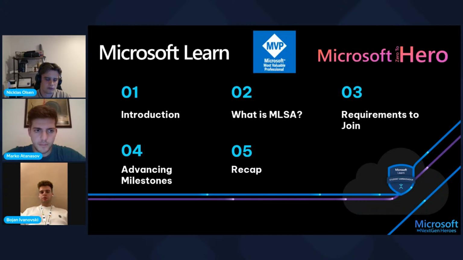The third and the fourth parts will be dedicated to the requirements on how you can join the program and also how you can advance through the different milestones that this program has. And finally, we'll do a sum up of everything that we have said in these previous four sections, and we'll make a special introduction to the next session, which we'll have on the 10th of October.